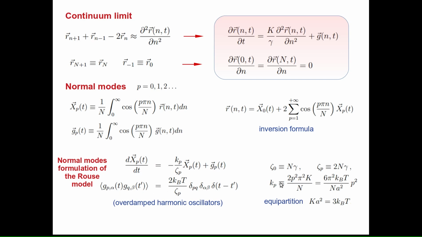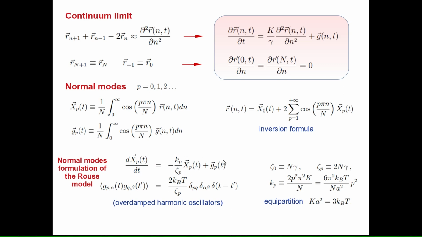Okay, so let's discuss a little bit more here. The stiffness of the normal mode, like the spring constant of the normal mode p, scales as p squared. So for the normal mode 0, k of 0 is 0, and the differential equation is simplified. This term is not there.